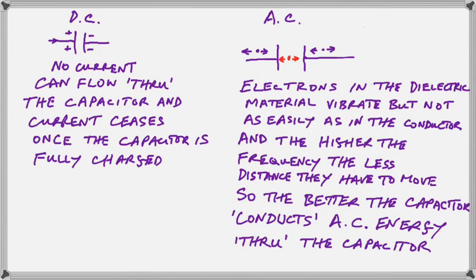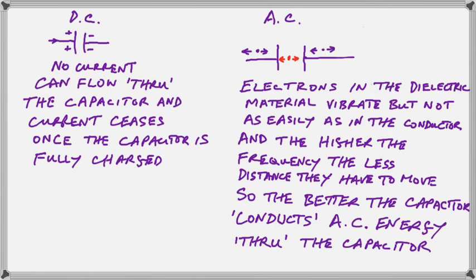And as the frequency gets higher and higher, the necessity of the gross displacement or large movement of the electrons is replaced by a higher speed vibration but a shorter distance traveled. And therefore, the resultant physics of the situation allows the capacitor to conduct AC energy much easier the higher the frequency is.